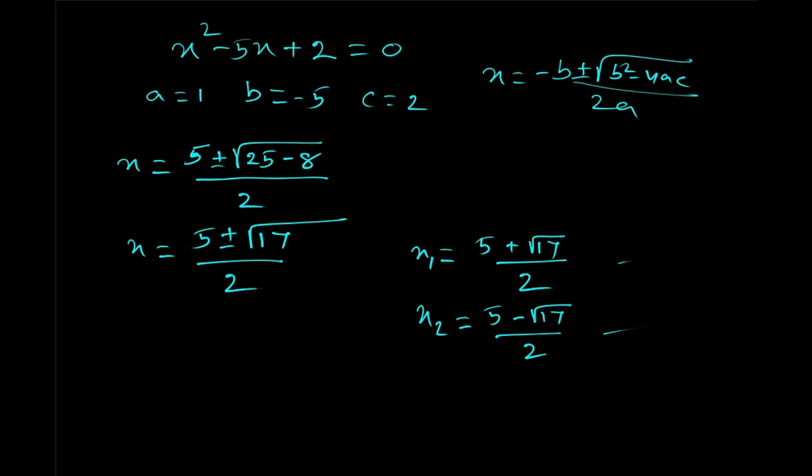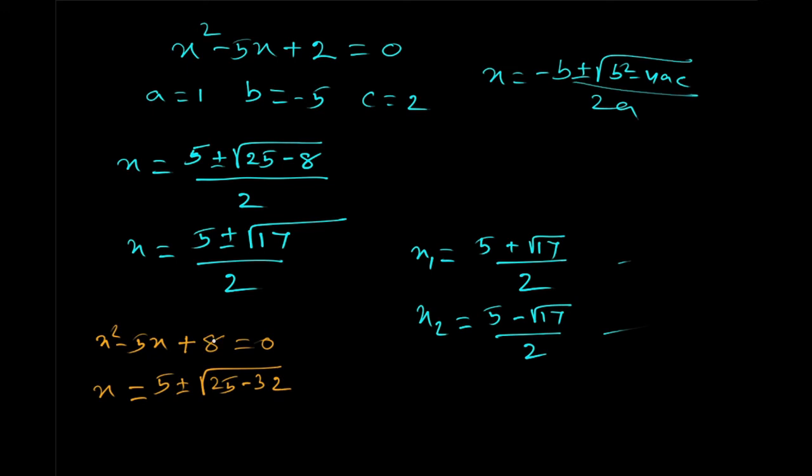Let the equation be x square minus 5x plus 8 is equal to 0. Consider this equation. Now using this formula we can say that the roots are x is equal to minus b plus minus root over b square minus 4ac, that is 25 minus 32.